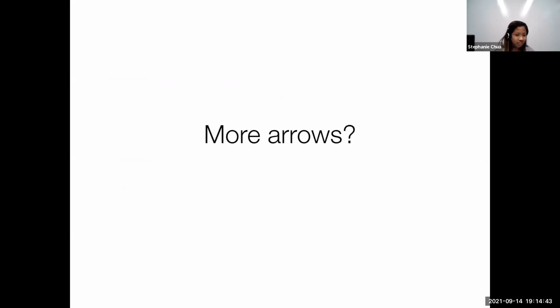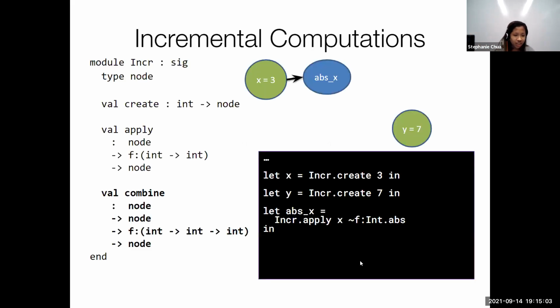All right, so then we have one arrow, but that's really not enough, unfortunately. We want to be able to see how we can get two inputs and combine them together, right? Otherwise, our graph is going to be just one straight line forever. So a new function comes into play.